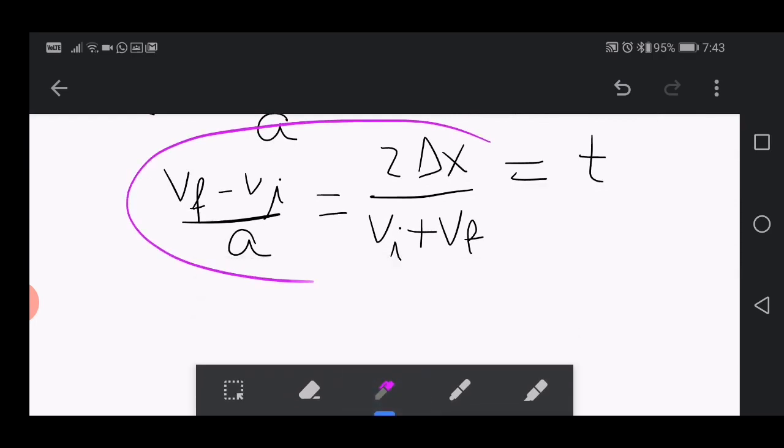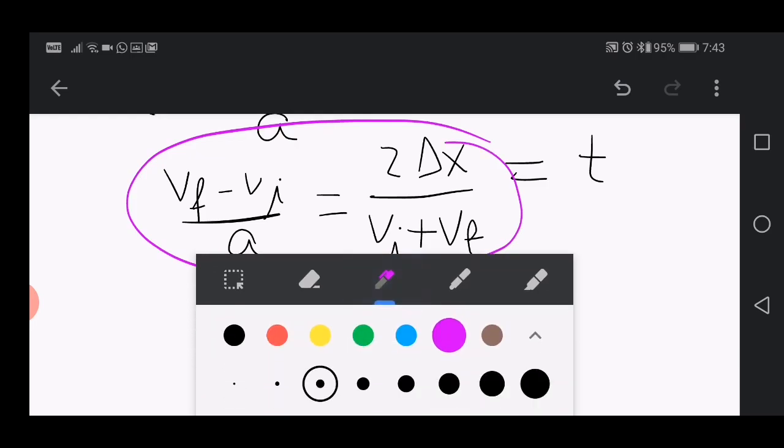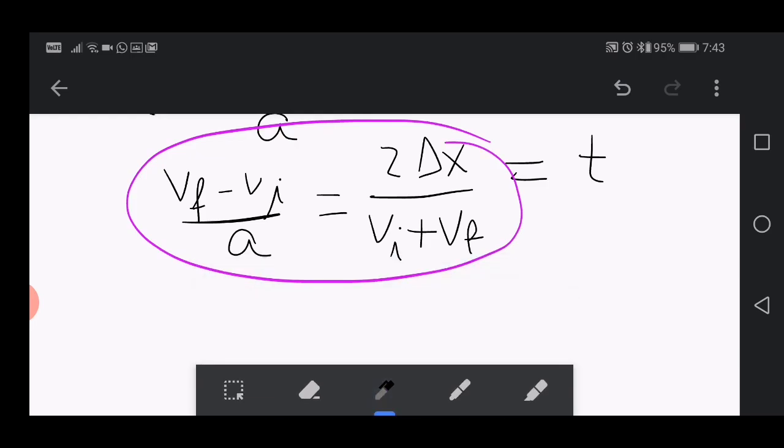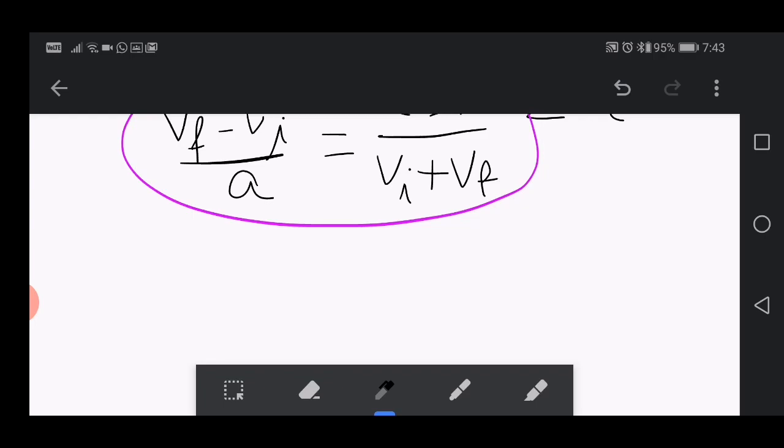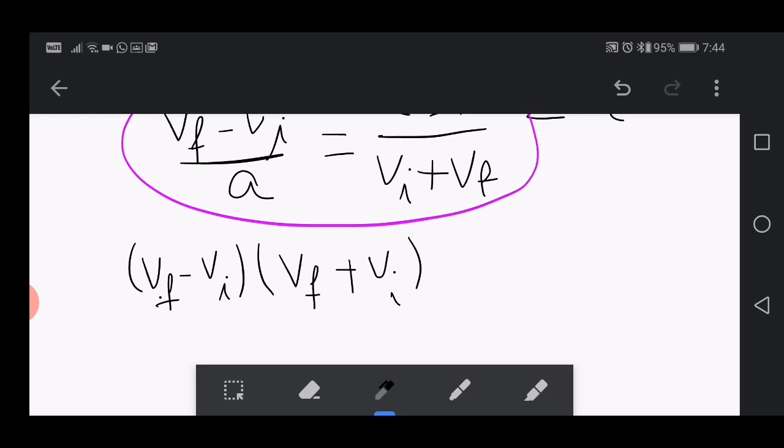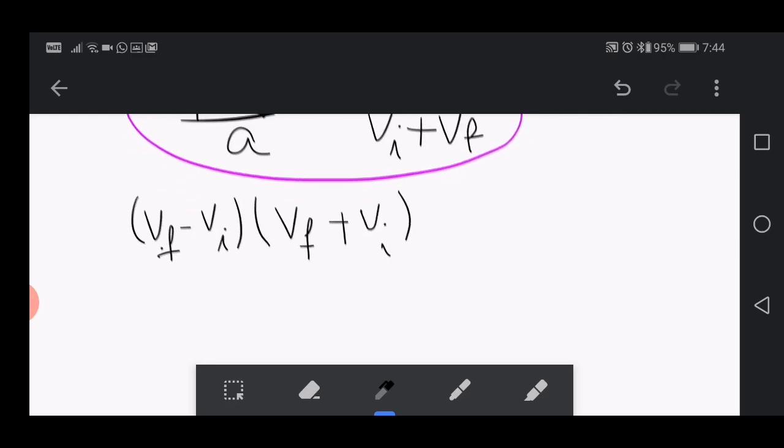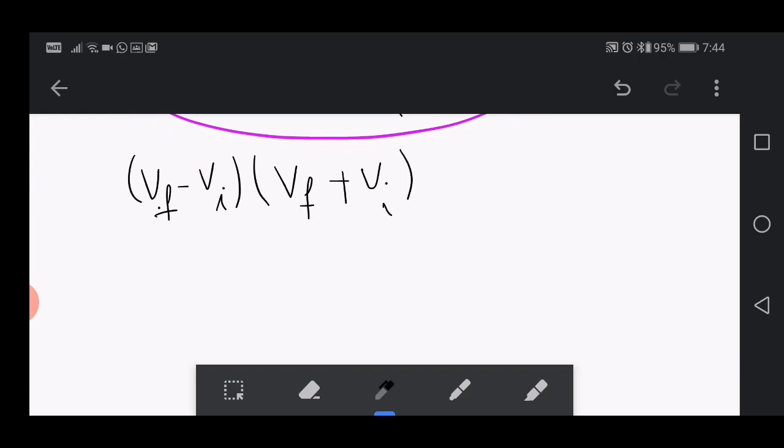Taking these two things together, getting rid of the time, you can do a little more algebra. You can take final minus initial velocities times, and I'm going to switch around this addition, which is possible because this looks very nicely as the product of a sum and a difference.